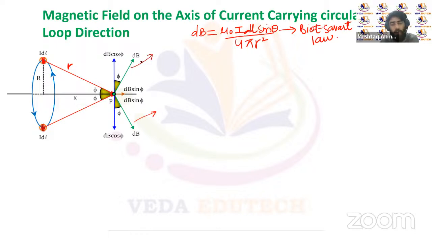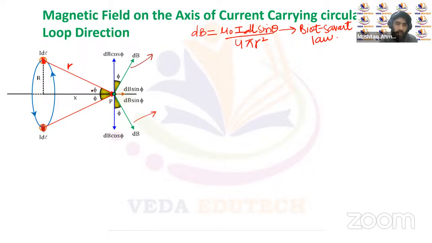Since the circular loop is symmetric and these two elements are opposite to each other, the magnitudes of both fields will be equal, but the direction is different.